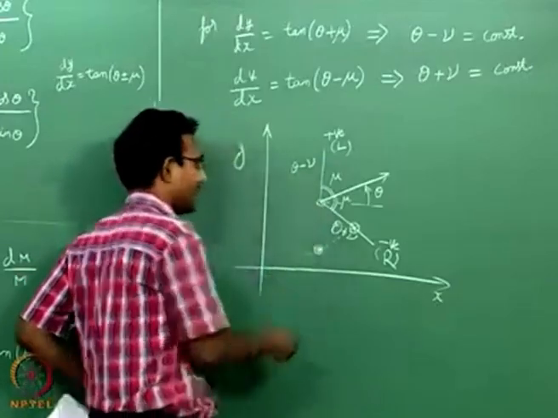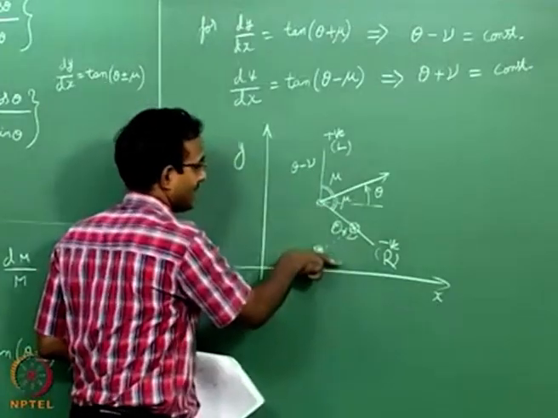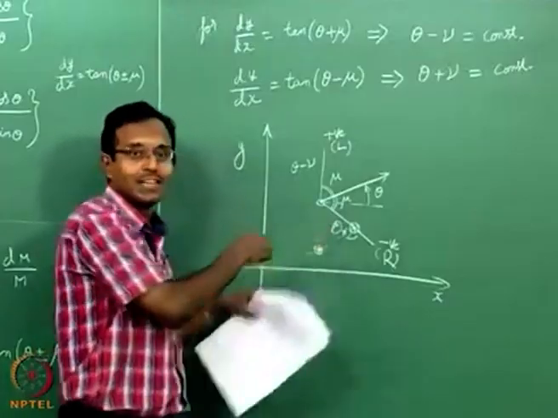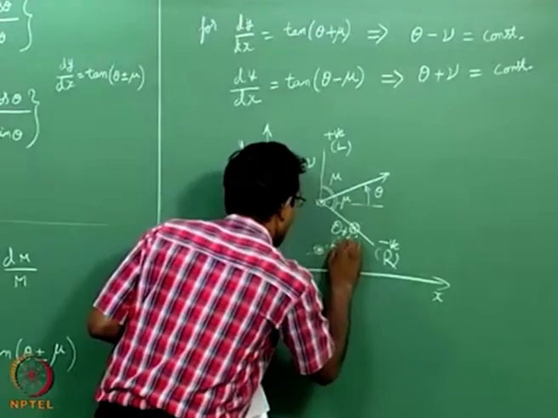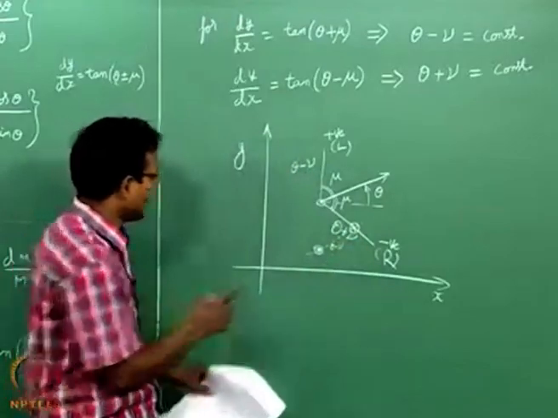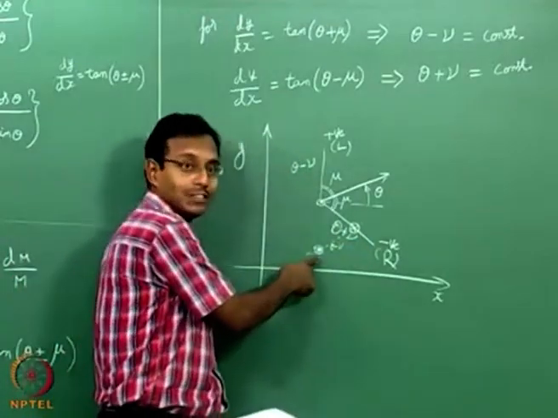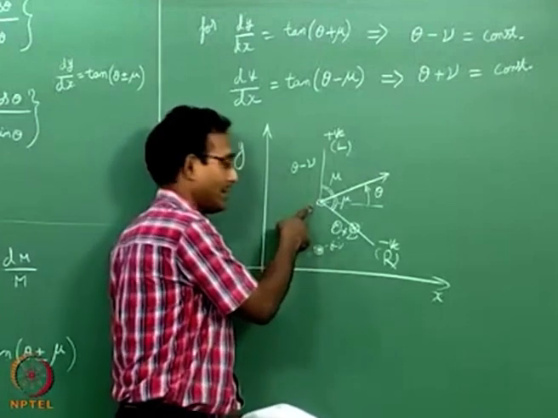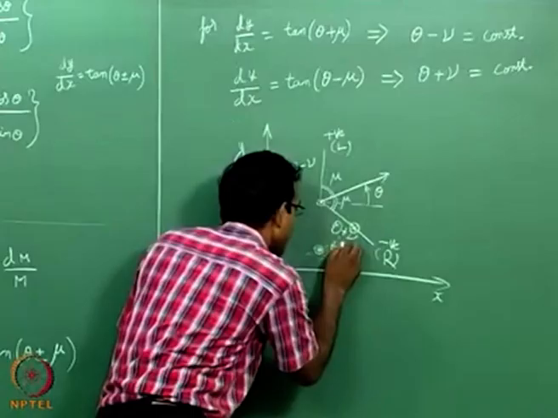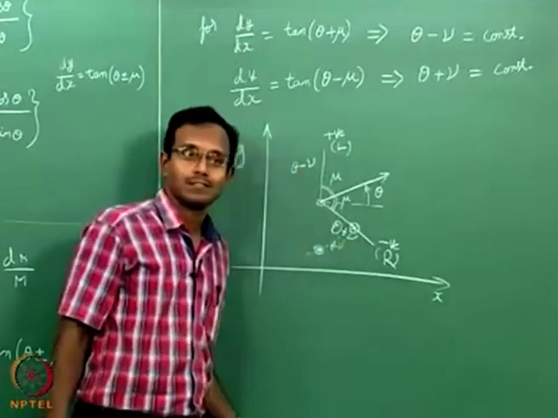This is what characteristic? Typically if the velocity vector is like this and this characteristic is coming from this side, it is a left running characteristic. Left running characteristic will have theta minus nu as a constant, but remember this theta and nu or this theta and Mach number need not be same as this theta and Mach number. Okay. So, I will put a theta prime and nu prime there.